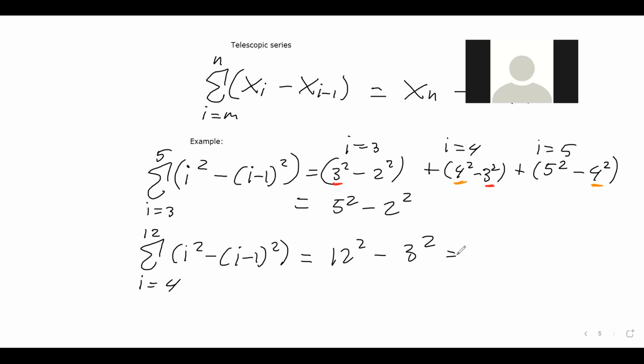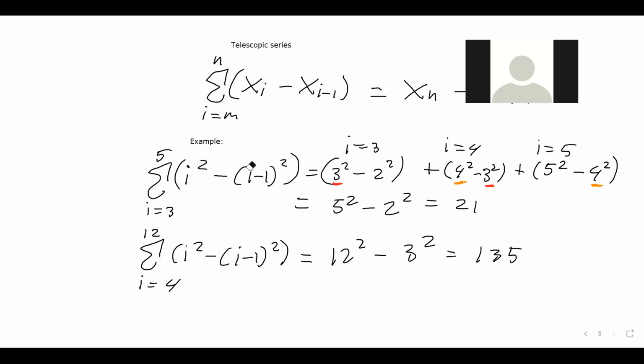Yes, that's what it will be. And maybe it's also interesting to calculate the numbers, by the way. It's 25 minus 4 here. So that is 21. And what will I get here in this example? 135. Because this is 144 and this is 9. So indeed 135. Okay. Is this clear for you guys?